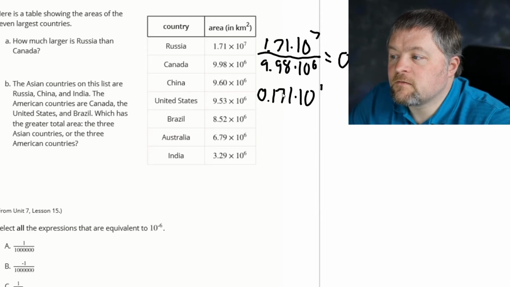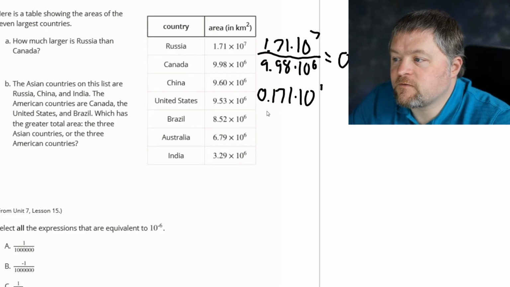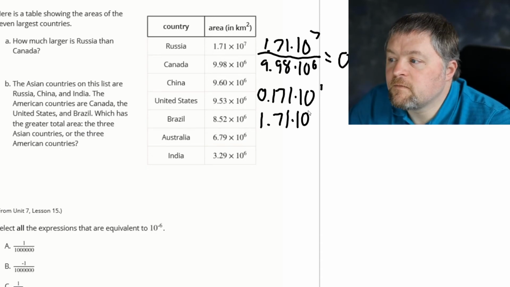Now 0.171, we would want one digit in front of the decimal place, so we would want 1.71 times 10 to the power of what?